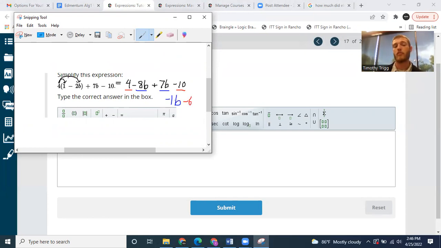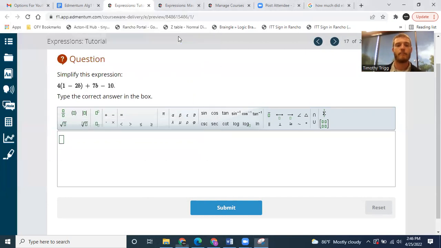Okay, so that's going to be our answer. Negative 1b minus 6. Now, one thing I do want to mention here is that negative 1b, you could just write it as negative b. So we can write this as negative b minus 6. That's what we'll put here. Negative b minus 6. And there you go.